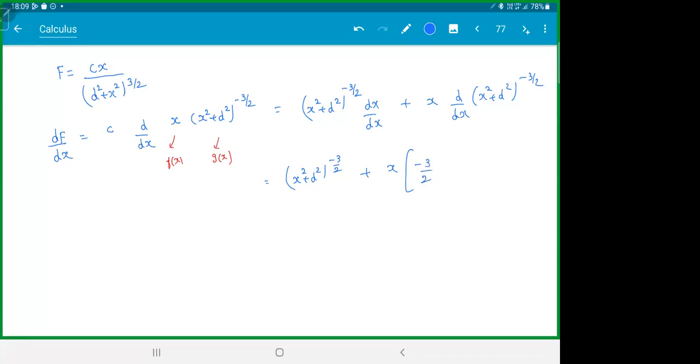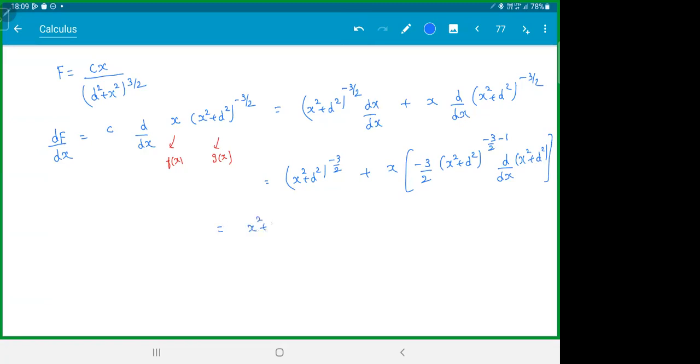This thing looks like a function to the power of n, so n into x square plus d square whole power 3 by 2 minus 1, and then differentiate whatever is inside. I hope you remember the chain rule there.